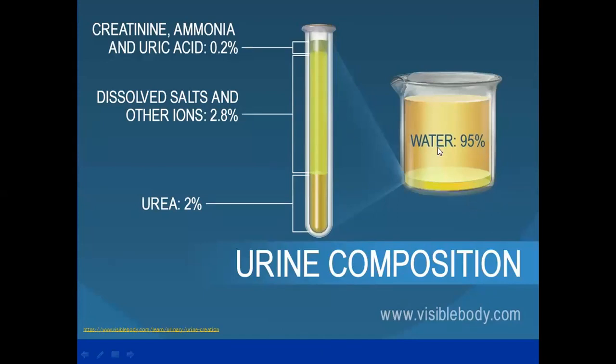95% of urine is water. Then there is a little bit, 0.2%, don't obsess, is creatinine, ammonia, and uric acid.